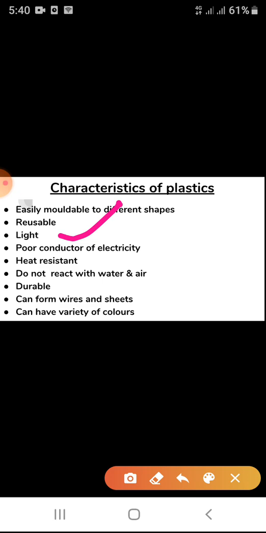So we can say that there is no effect of electricity on plastic. How? If you have observed, children, these days sockets of switches come with plastic caps. If you notice sockets, holes are there so that you can put the switch inside. But nowadays those holes are also covered with plastic caps.